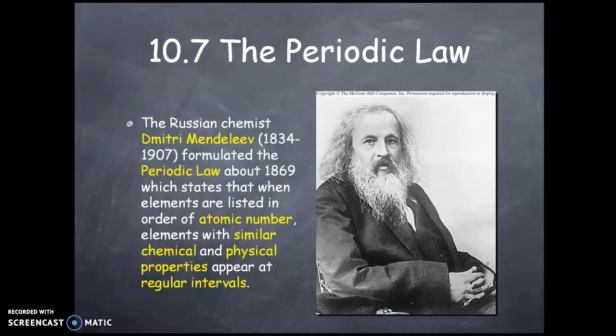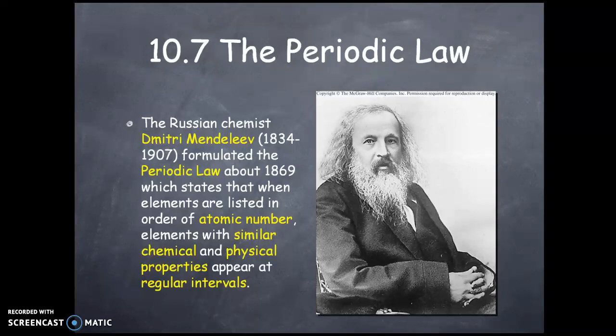So the periodic table is made according to the atomic number of the elements. And when they are placed in columns, if they belong to the same column, it means they have similar physical and chemical properties.